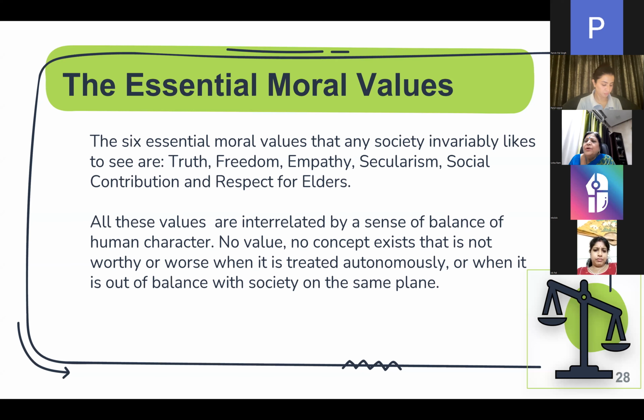No value or concept exists that is not worthy, or worse, when it is treated autonomously, or when it is out of balance with society on the same plane. I don't need to explain, because you're all parents, you know what is happening. Why a little bit of imbalance is there, what could happen, what can happen, and what is happening. Next, please.